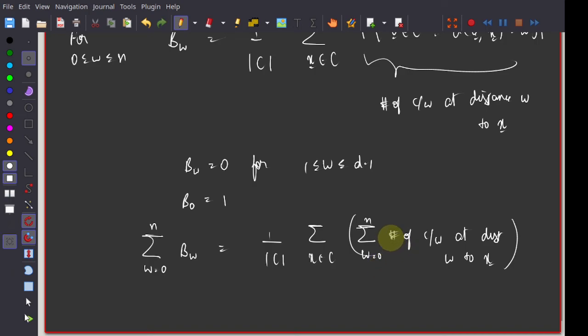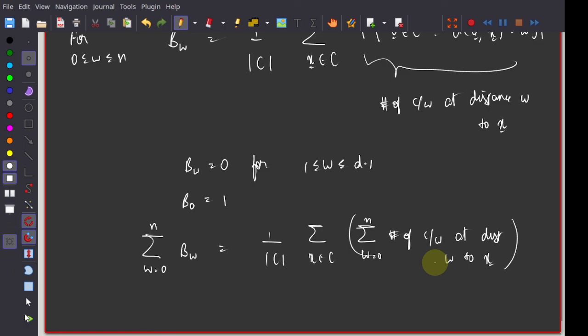So remember, this is the total number of code words at distance 0 plus the total number of code words at distance 1. So take any particular code word, right? We're counting the number of code words at distance 0, which is itself, plus the number at distance 1, plus distance 2, plus distance 3, and so on.